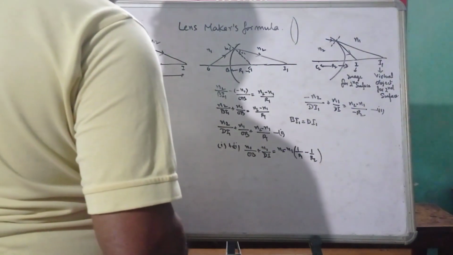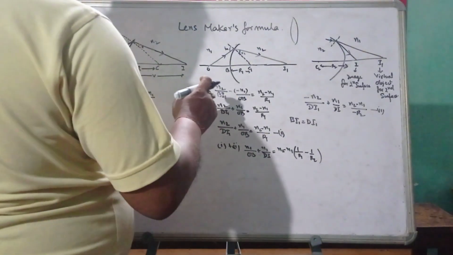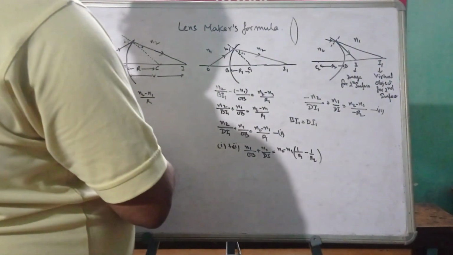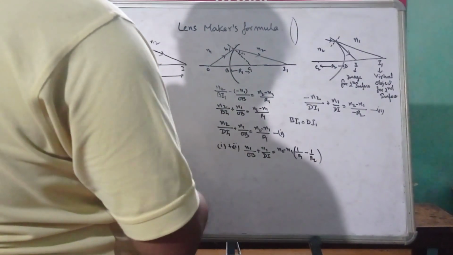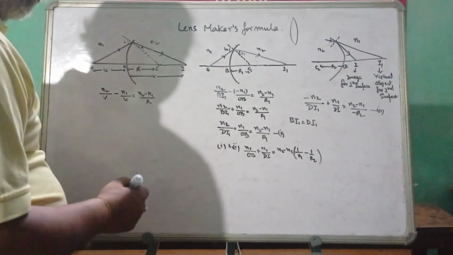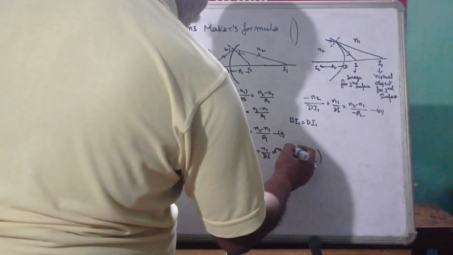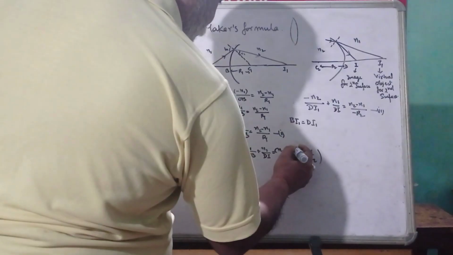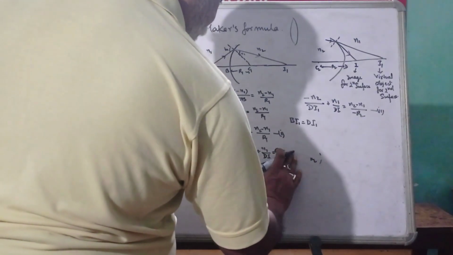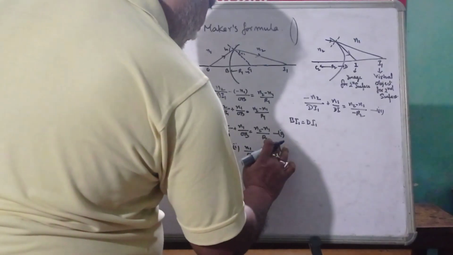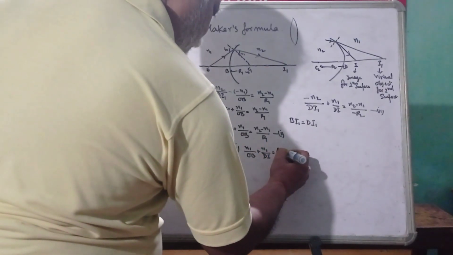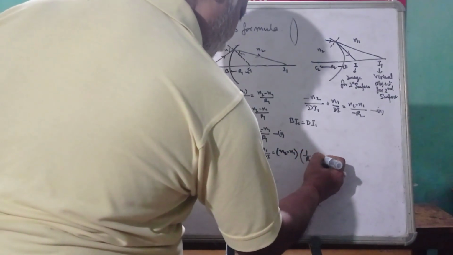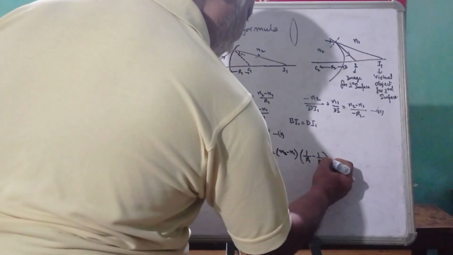Here you see OB and DI. So N1 by OB plus N1 by DI is equal to the bracket N2 minus N1, times 1 by R1 minus 1 by R2. We get this.